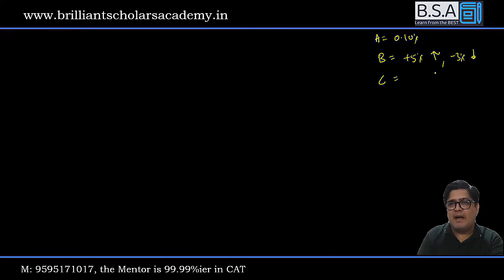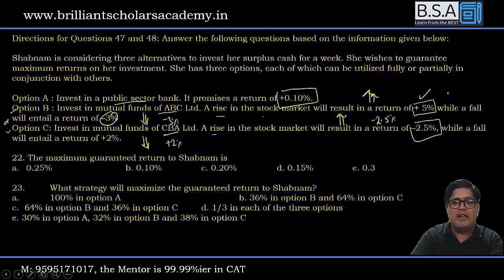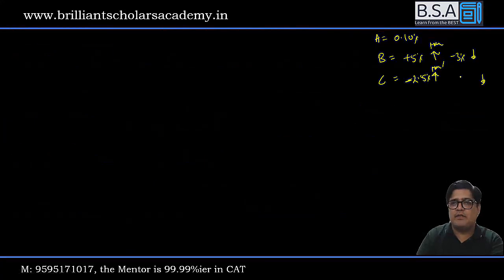C is market goes up, you lose 2.5%. लिखा है वहां पे, lose लिखा है. Yes, 2.5% lose होगा. Negative means lose. Market is going up. देखो, this is the sign for market going up. When the market goes down, कितना रिटर्न दे रही है इनको ये? 2% positive. 2% positive, market goes down.